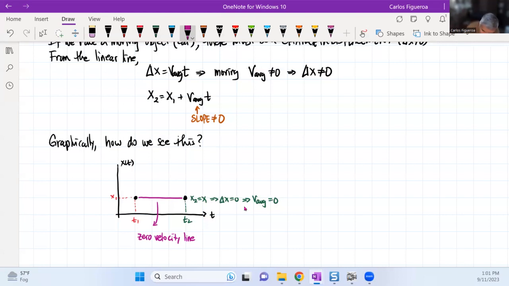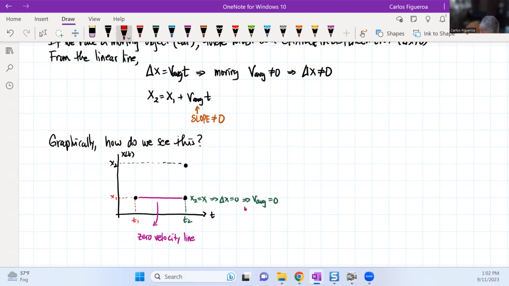But now we know that there's a slope to this. And if there's a slope, that means I have to move to a different x2 value. So I'm going to move this up a little bit higher. And so what you're seeing here is that now, if I look all the way across here, I have definitely changed position because I'm moving.